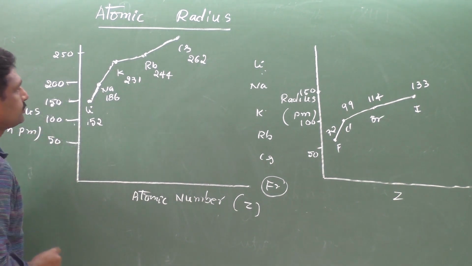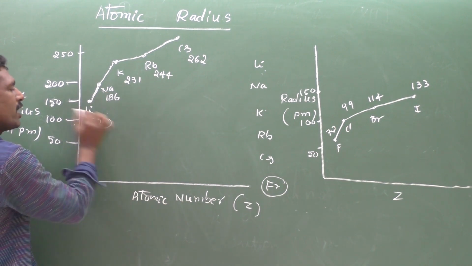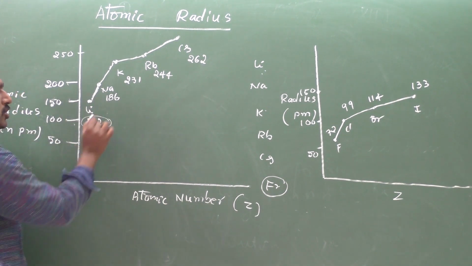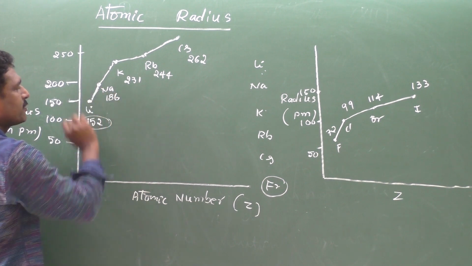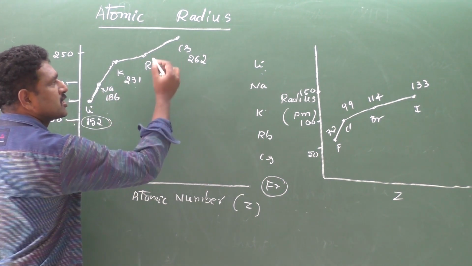So here, when we observe lithium, 152 picometers, sodium 186 picometers, potassium 230, 244, 262.